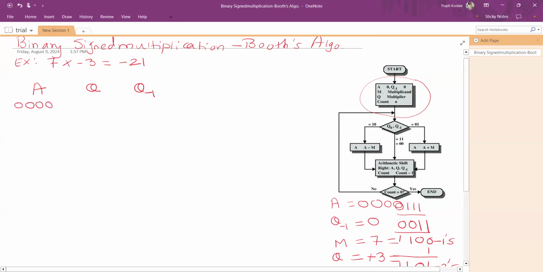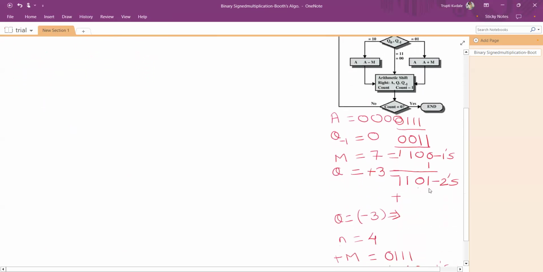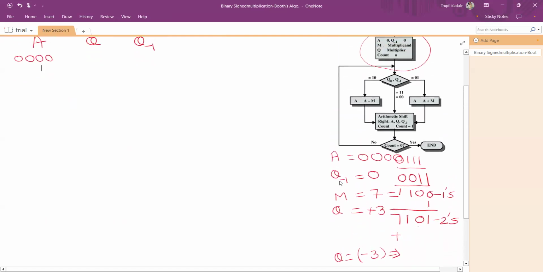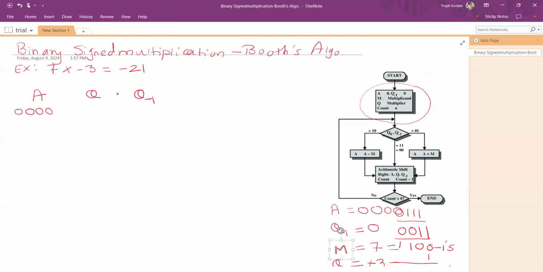What is my Q? Q is minus 3. So what is minus 3? Minus 3 is 1101, right? So 1101 is your minus 3, which is the 2's complement of plus 3. And Q minus 1 is initialized to 0. So this is your first step, that is initialization.